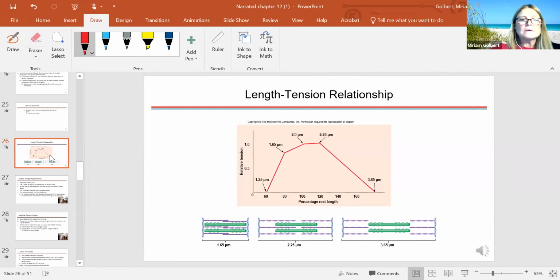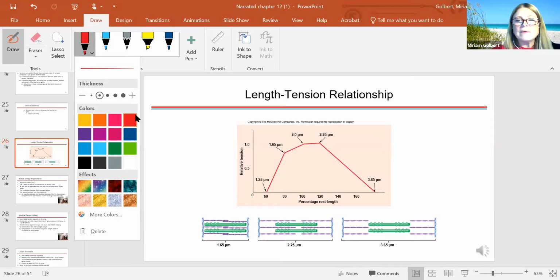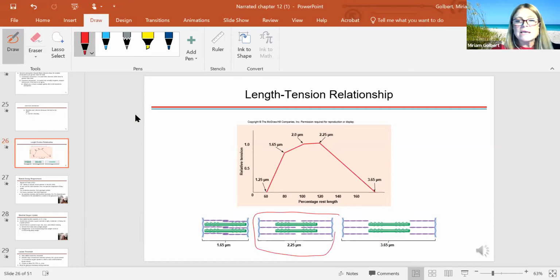If you notice in the middle, this is the right length of the sarcomere. You don't have to remember 225 micrometers, okay? So this is correct because it will give you the right amount of overlapping so that we can do the sliding, right? And at that specific length, you create the maximum tension.